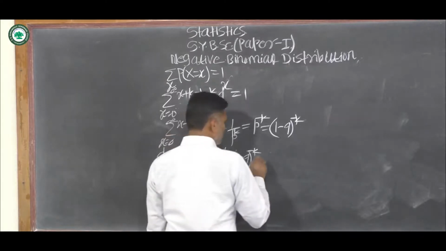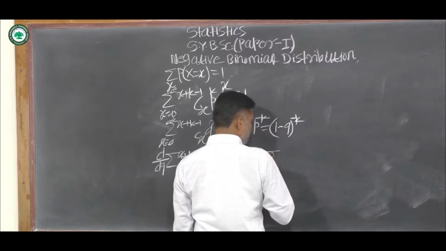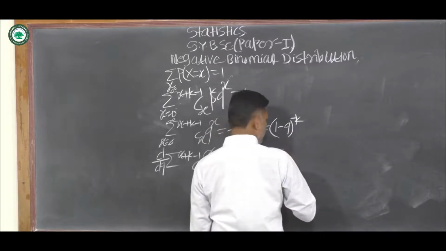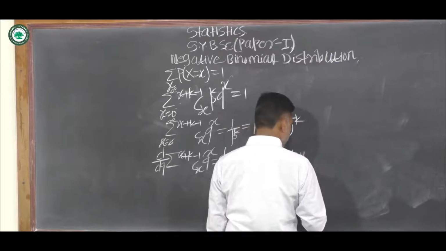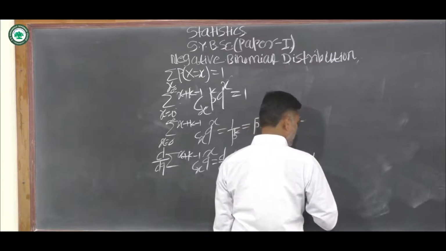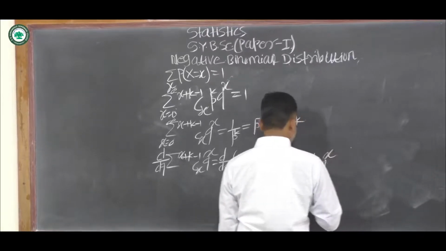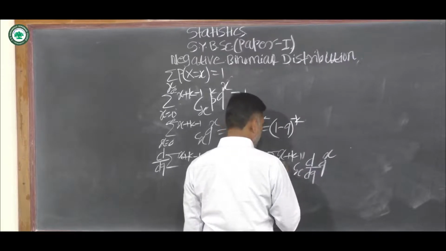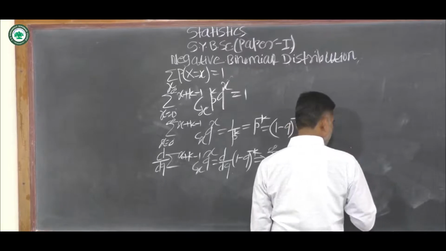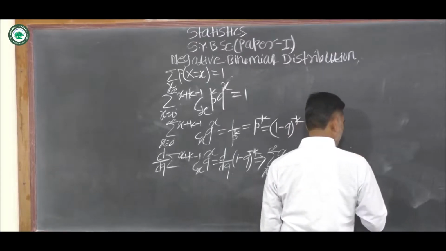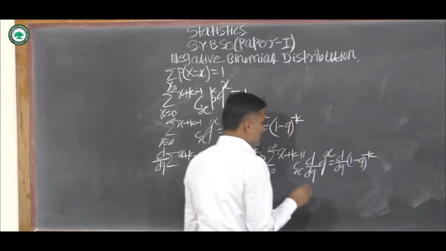Now this implies that this is the summation of x plus k minus 1 C x into the derivative with respect to q of q raised to x, summation over x running from 0 to infinity, which is equal to the derivative with respect to q of 1 minus q, bracket raised to minus k.